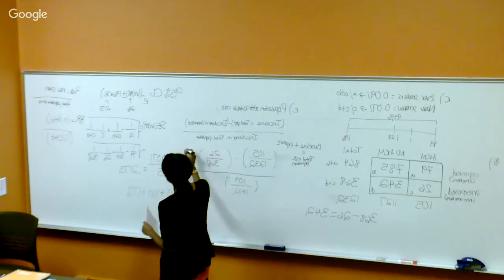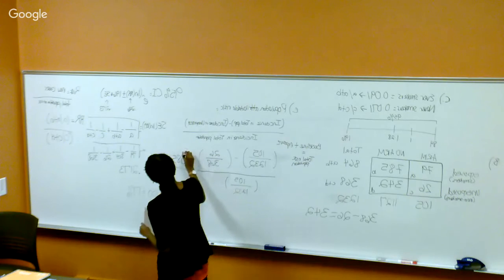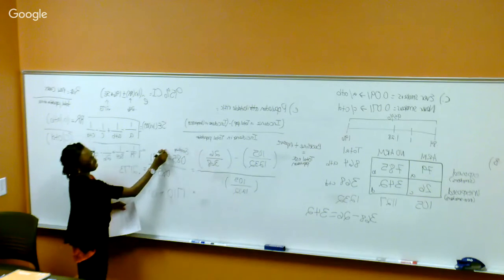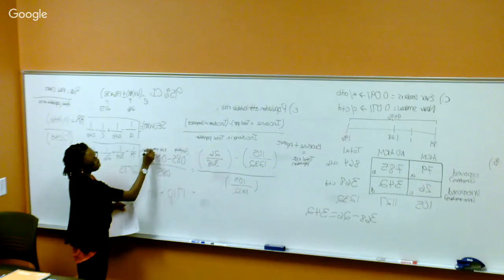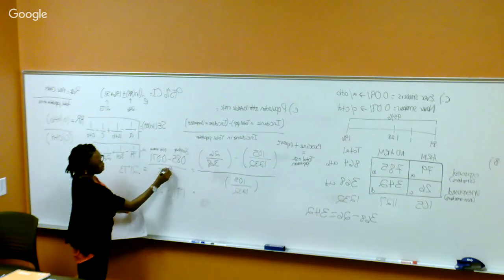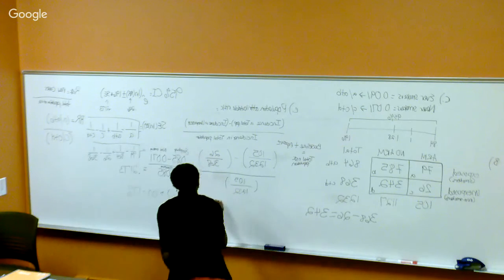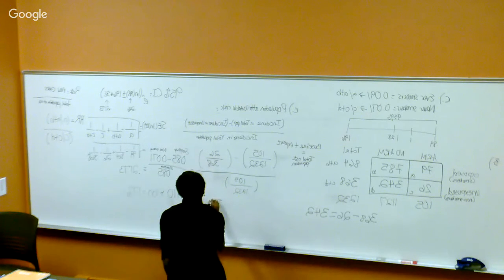So if I label this as everything, this is the part that's not due to smoking, and this is everything, then you're left with smoking out of everything.